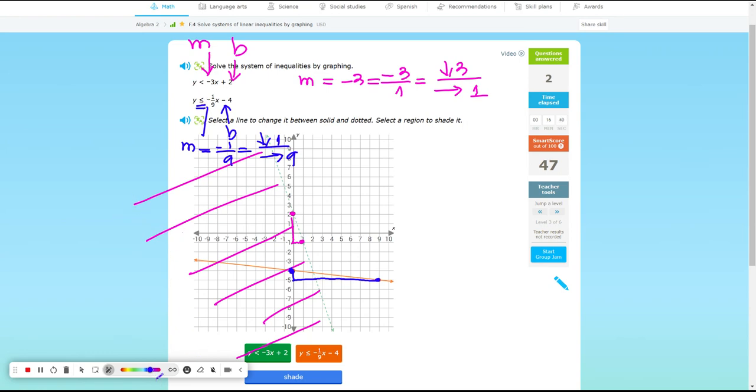Now let's do the shading. Y less than is below. Ooh, below again. This is below. You can see this area should be the overlap. Right here, this is the overlap. Now I can use my shading tool. Let's do the first inequality again.